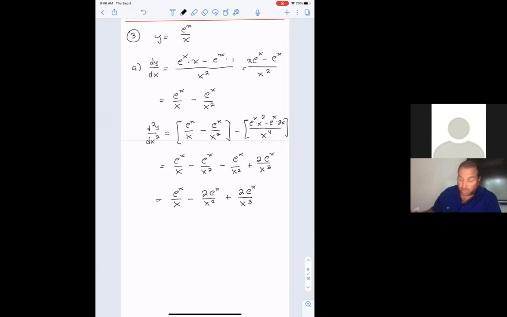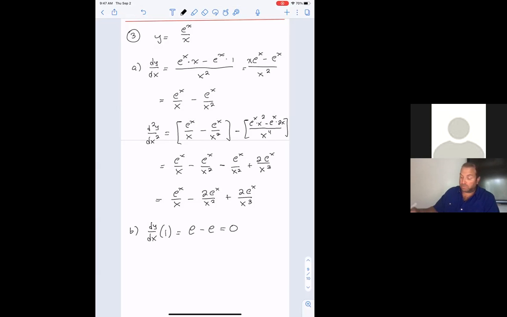So that's part A. Part B, hence, that means as a result of what we just found, show that there's a minimum point at x equals 1. Well, if I plug in 1 in the first derivative, I better get 0. E to the 1 over 1 minus e to the 1 over 1 squared, I do in fact get 0.